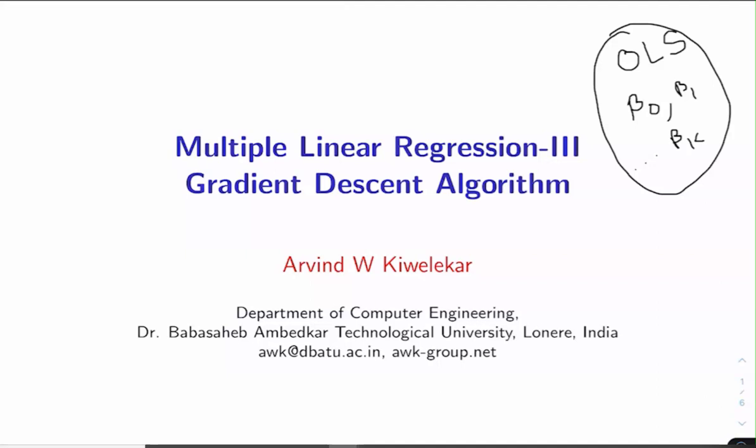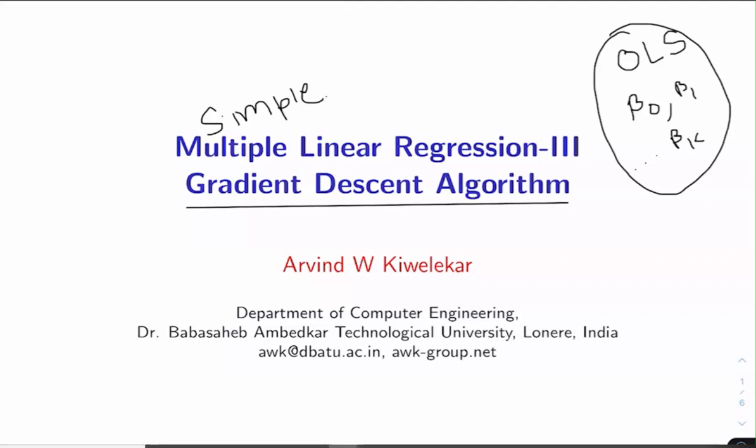So in this, the second method to estimate the parameters beta 0, beta 1 up to beta k is the gradient descent algorithm, which we have already studied in the context of simple linear regression.